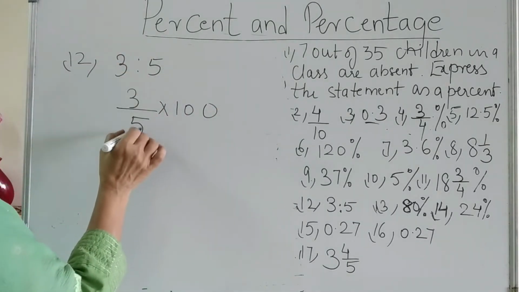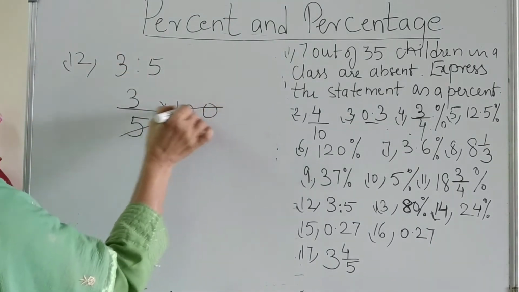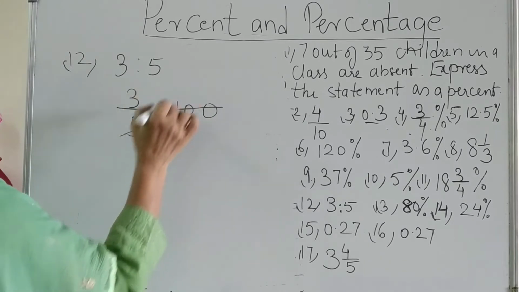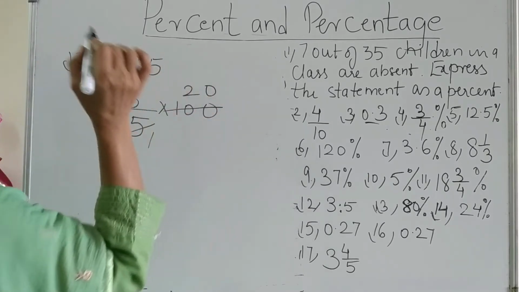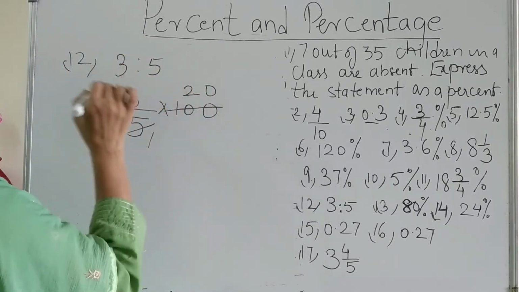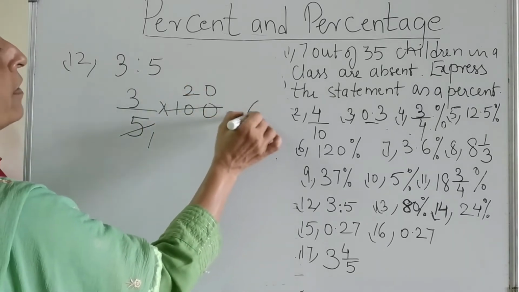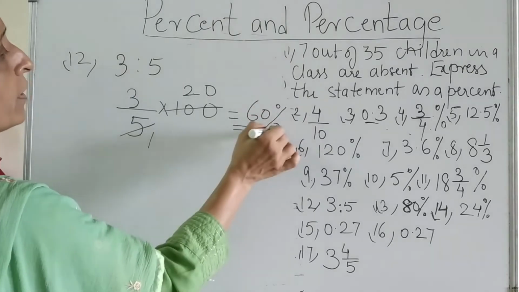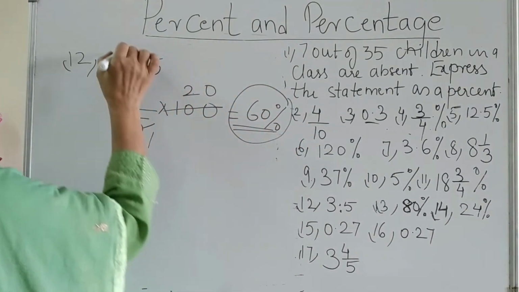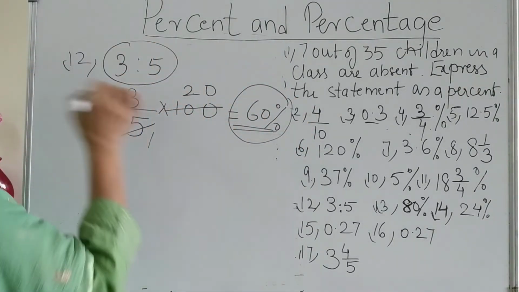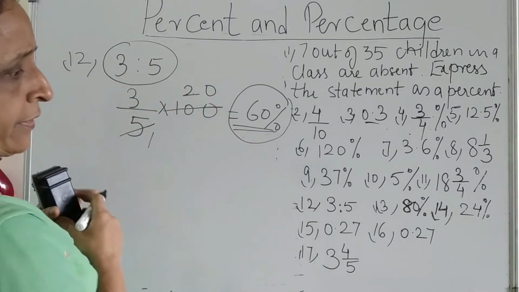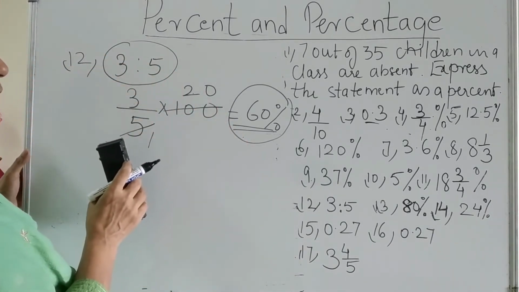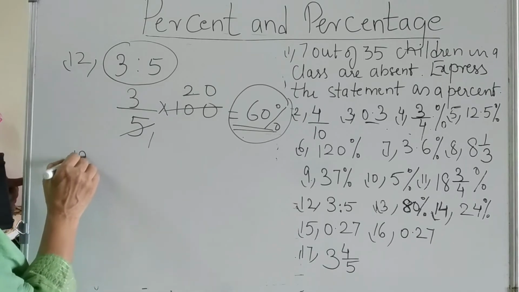In the table of 5, 5 twenties are 100. So here 3 twos are 6 and this 0 will come, it becomes 60%. So what is the percentage you have got of 3:5? That is 60%.